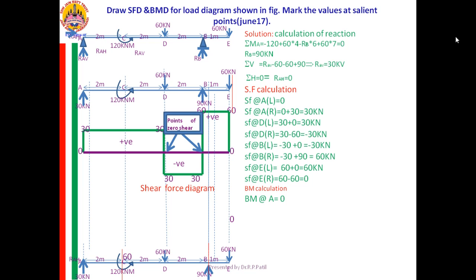Yes, unmute the mic and tell me. You are taking the section at left of C, and calculation you are doing by considering the left part, whether that couple will be there in your calculation or not.